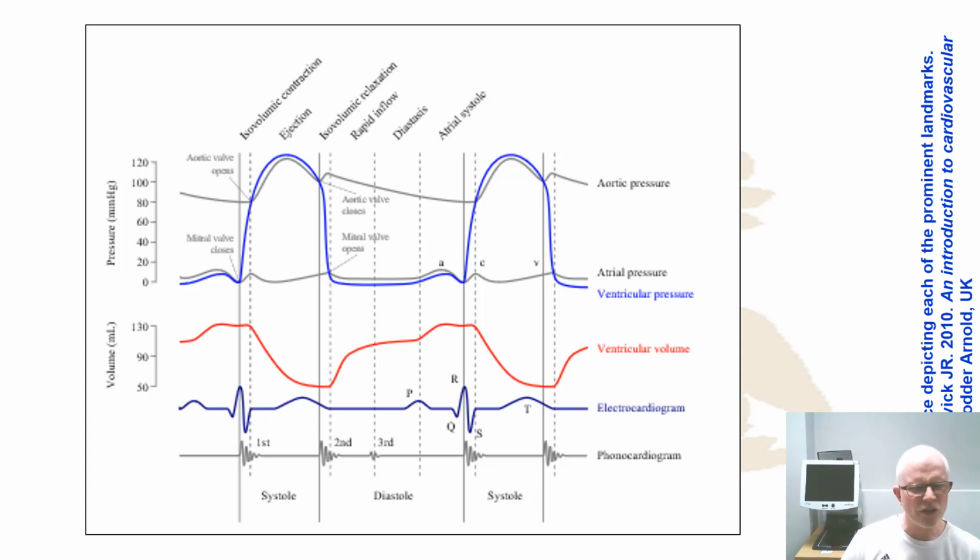And so you can see at the top the responses, so you can see at peak pressure you get ejection, then you get an isovolumetric relaxation, then we get the rapid inflow, and so on. So you can see how the electrical activity on your ECG is related to the structures and the functioning of the heart in terms of blood flow through the heart.